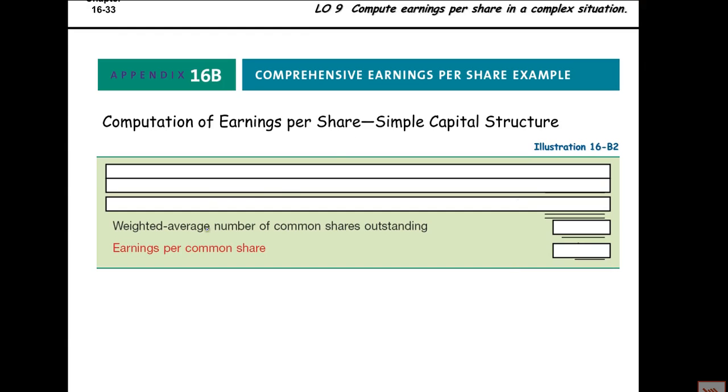Earnings per common share: we have net income. The preferred dividend adjustment was 250,000, leaving 1.5 million, over 500,000, $3.